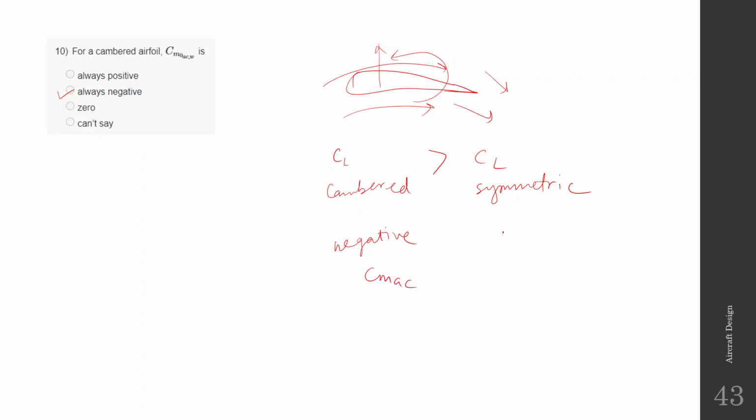In case of symmetric, you have a zero CMAC. Okay, so that is it. Thank you for coming to this discussion session.